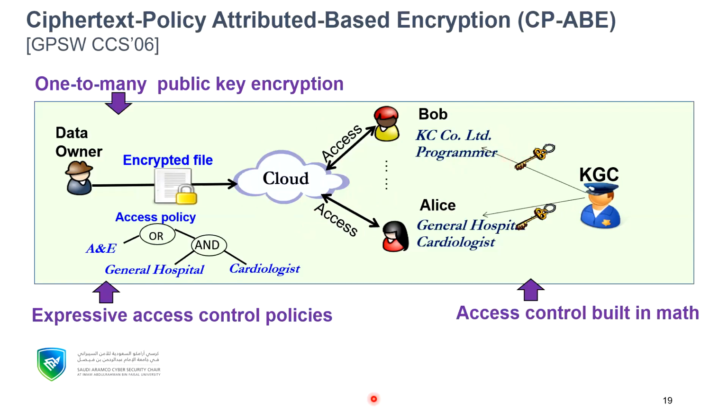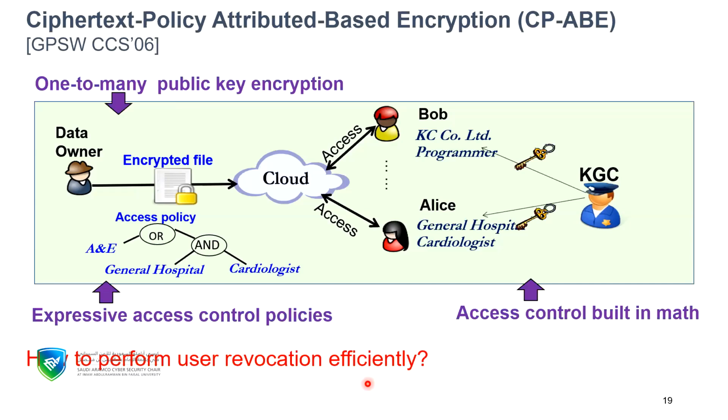So those are the advantages of ABE, but the original design, the CCS 06 design, and some of the subsequent papers do not consider user revocation. So user revocation is a challenge, as I mentioned before.